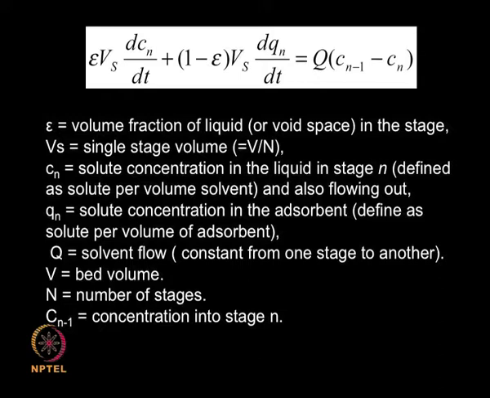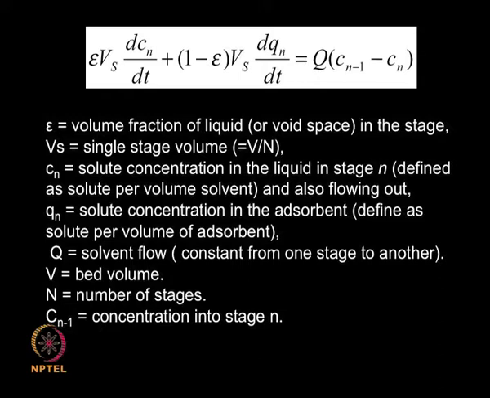On the left hand side we have the accumulation. There are two types of accumulation I mentioned. One is the accumulation of the solute in the mobile phase, the other is the accumulation of the solute in the stationary phase. Now let us go to the accumulation in the mobile phase. What is the equation? Epsilon is the volume fraction, or void space, in the stage, and Vs is the volume of a single stage. This could be the volume of the entire column divided by N stages.